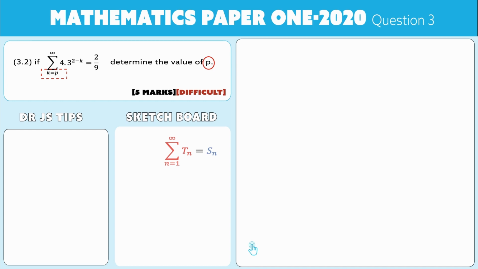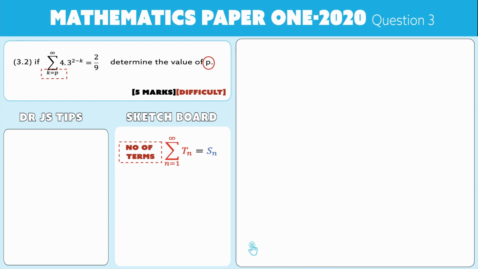Well, here we have n equal from 1 to infinity. So in general, this gives us the number of terms in this series that we're going to add. Now that is equal to the sum of the series.